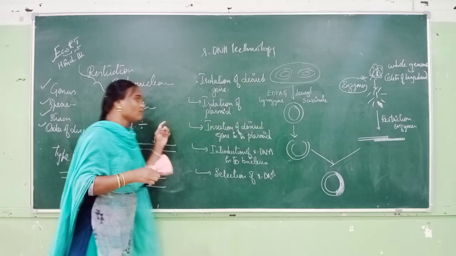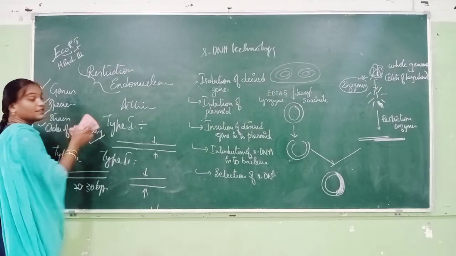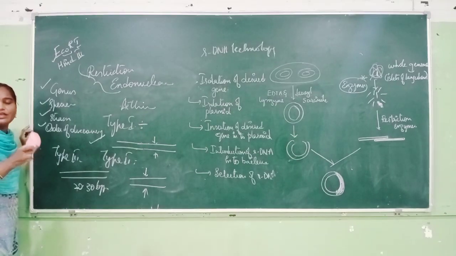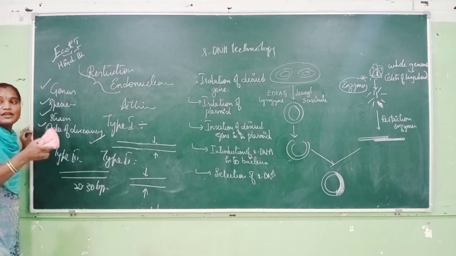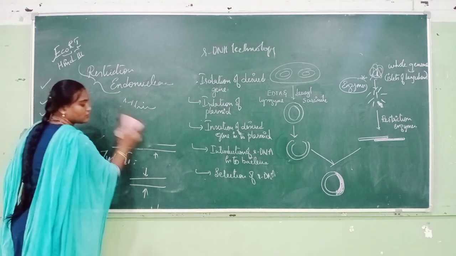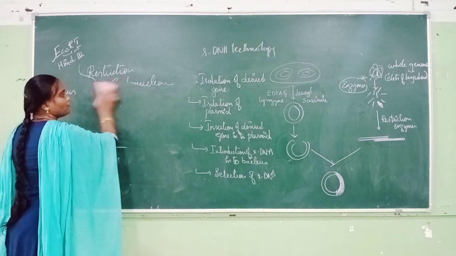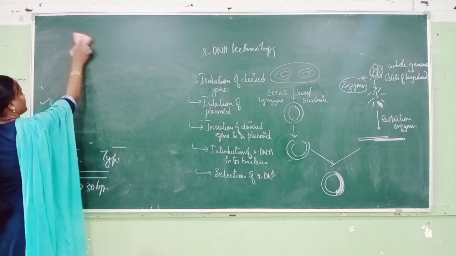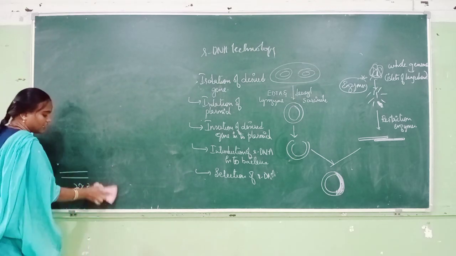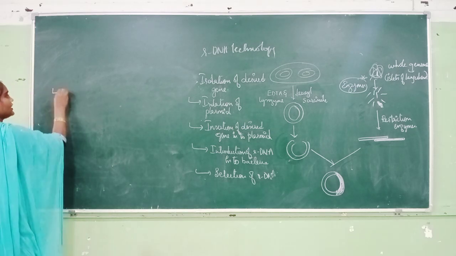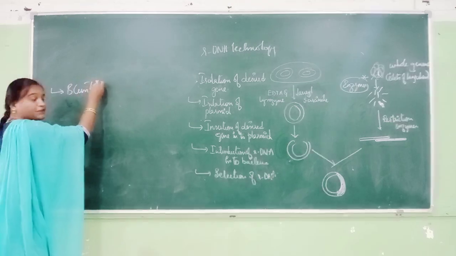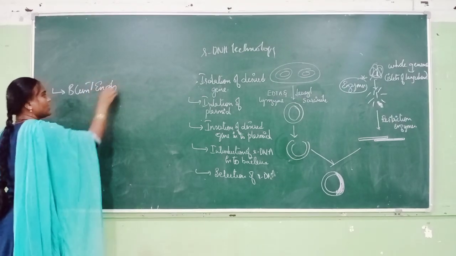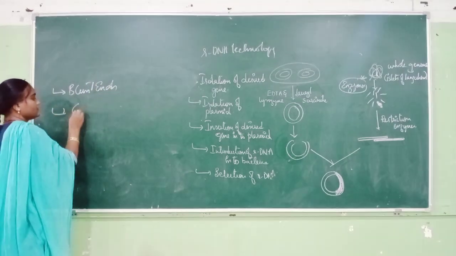Because there is an important activity in how these restriction endonucleases cleave your DNA molecule. These enzymes cleave your DNA molecule in two modes. First, it will produce blunt ends, and it will also produce cohesive ends.